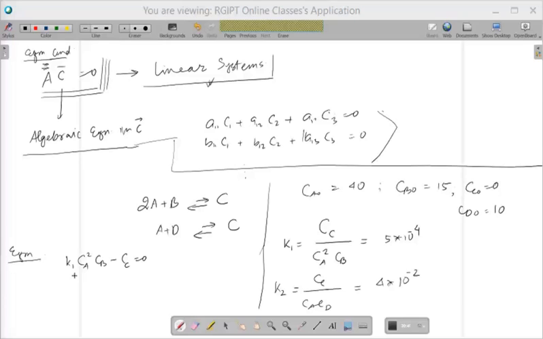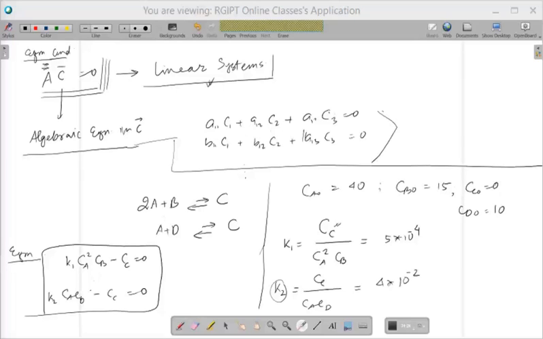And then additionally K2 CA CD minus CC equal to 0. Is that all right? So if you just use these numbers, I'm going to get these equations in CA, CB, CC, and CD, of course. These are the kind of equations I'm going to get in terms of my unknowns, which would correspond to equilibrium. So remember this relationship. These are my equilibrium compositions, concentrations, right? So this is what I'm going to get for equilibrium conditions.